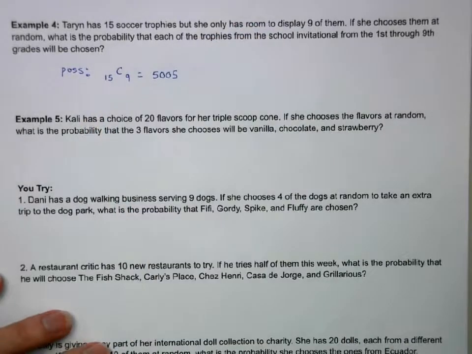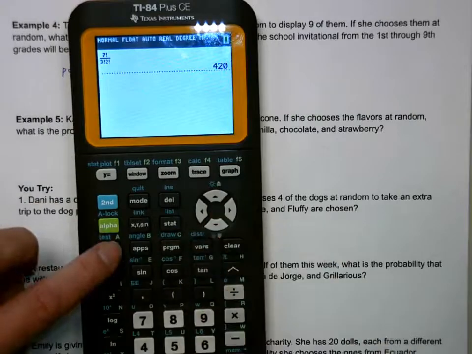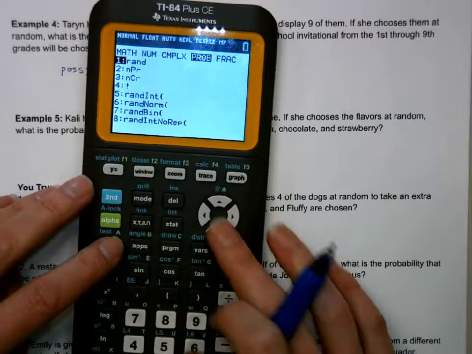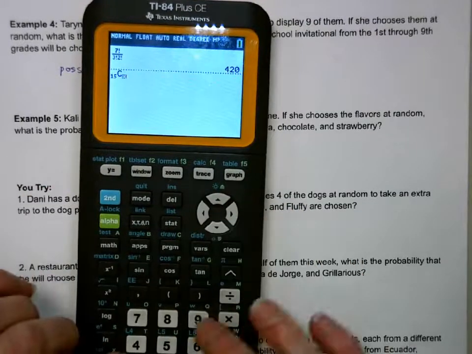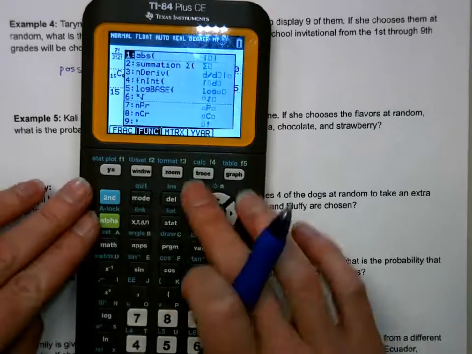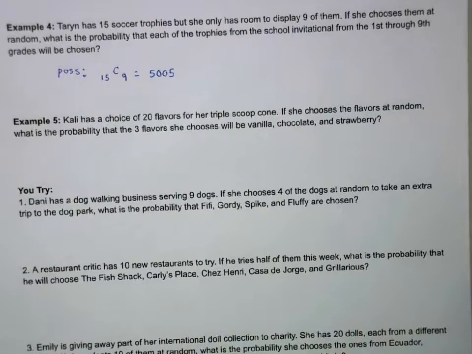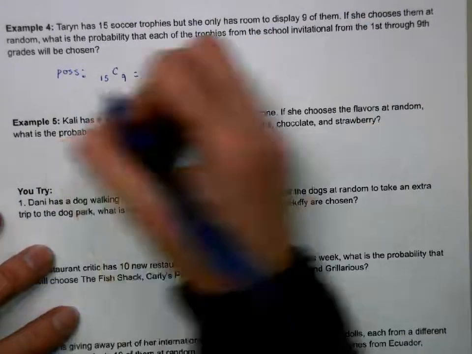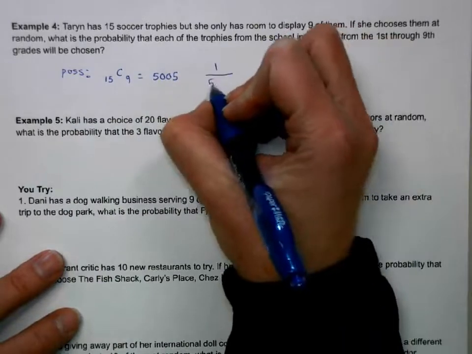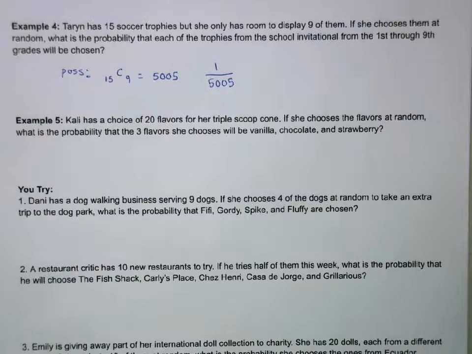The same 2 ways: we'll do 15, and then either math, probability, nCr 9, or you do 15, F2, and down there is C9. So there are 5,005 possible outcomes. Only one of those is desirable, specifically 1st through 9th. So my chance of getting 1st through 9th grade specifically is 1 out of 5,005.